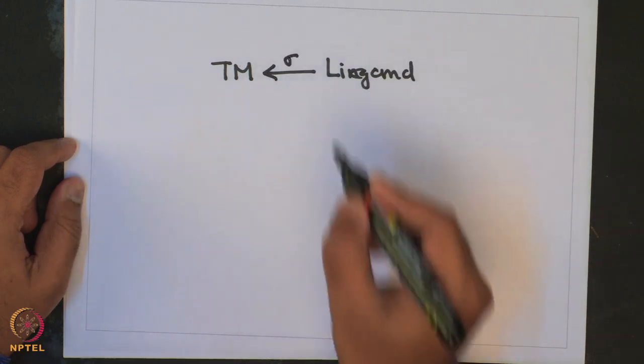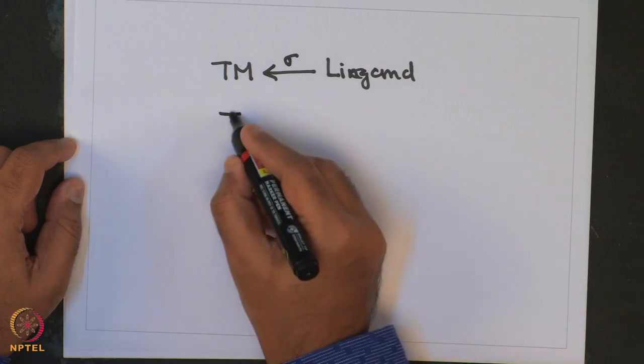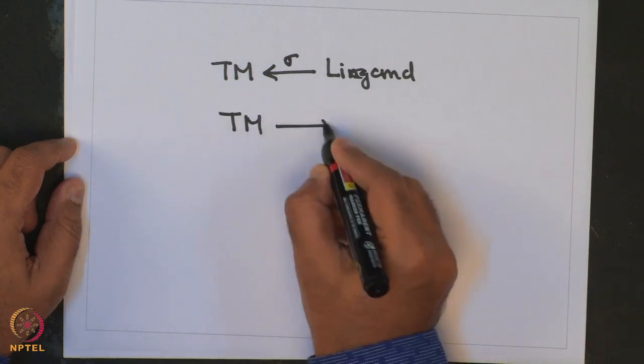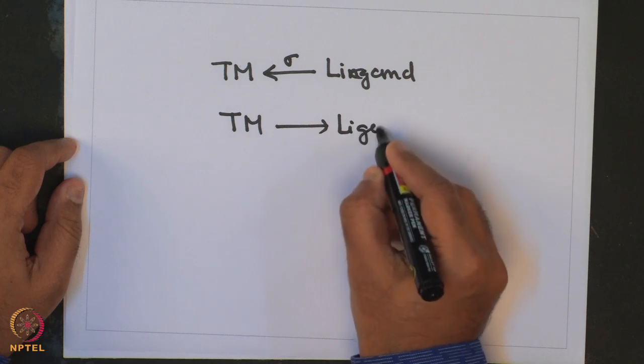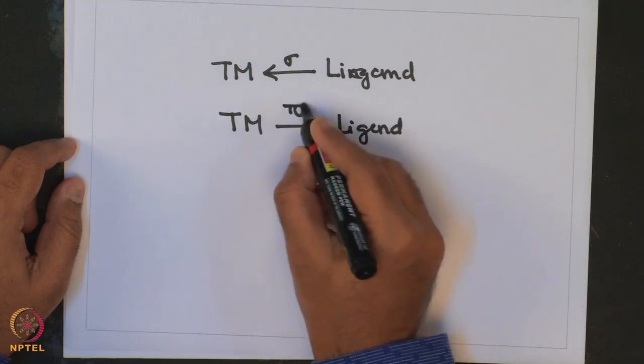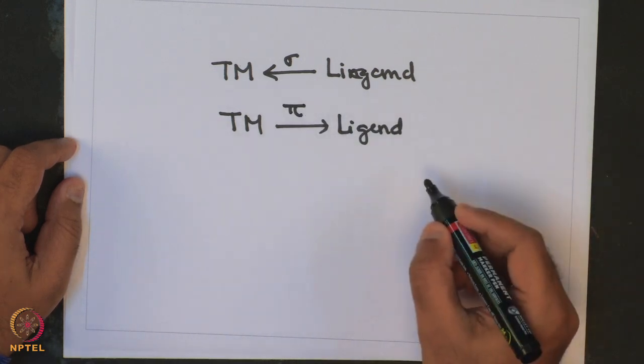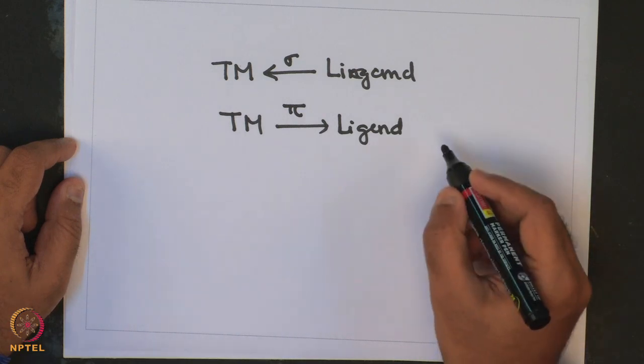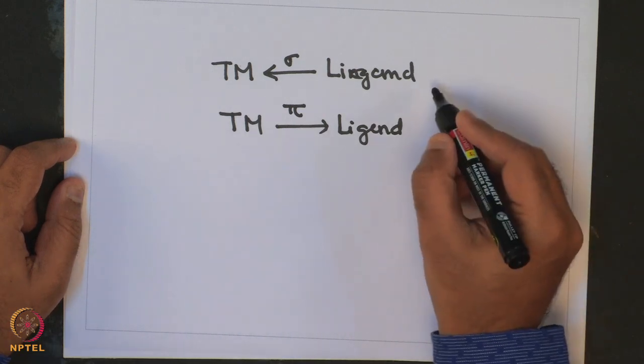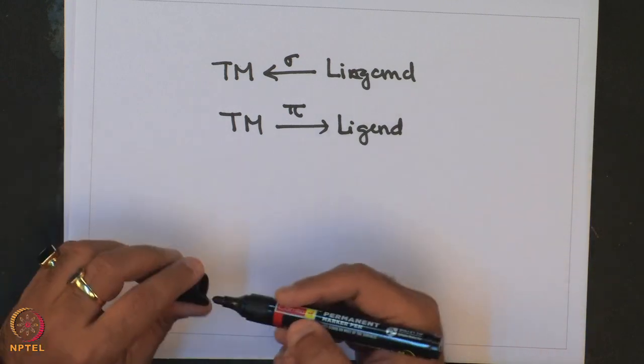ligand to transition metal sigma interaction and transition metal to ligand pi back donation is very crucial to bring about the stability of transition metal aryl complexes.